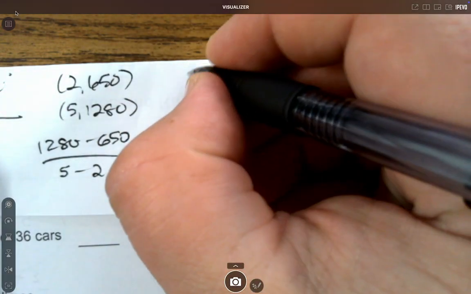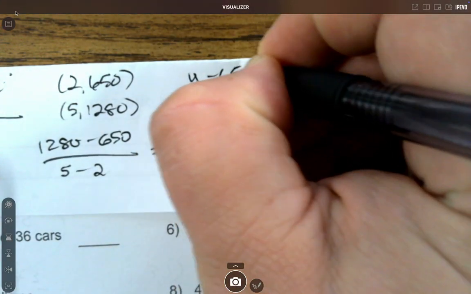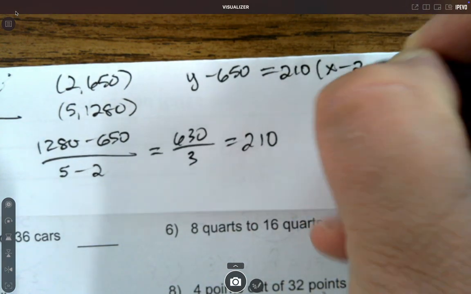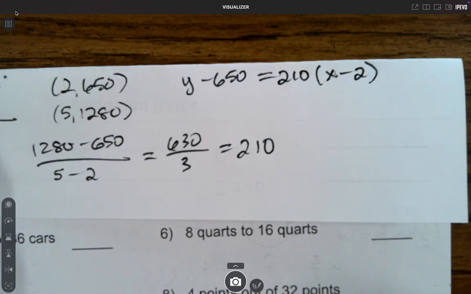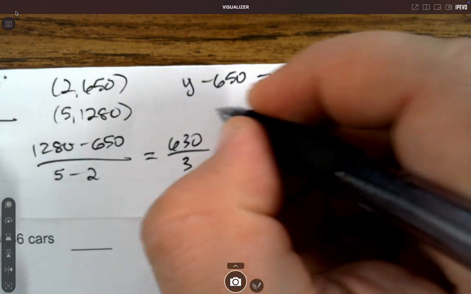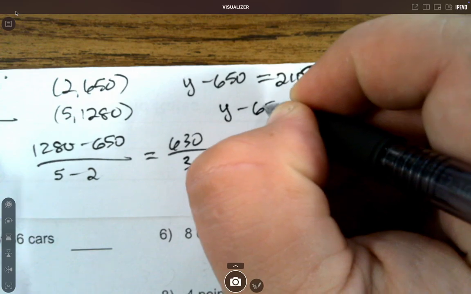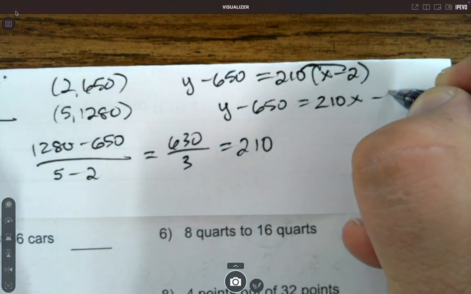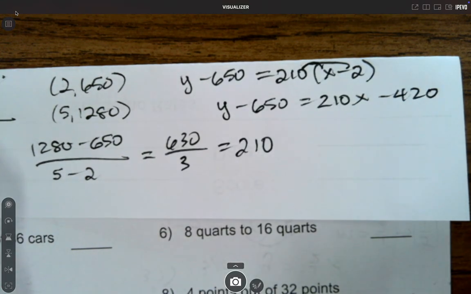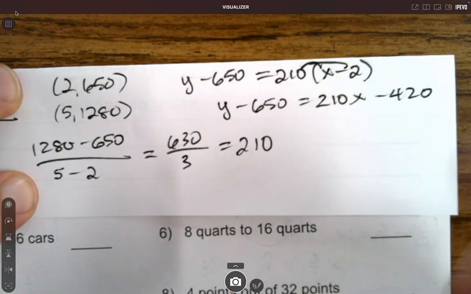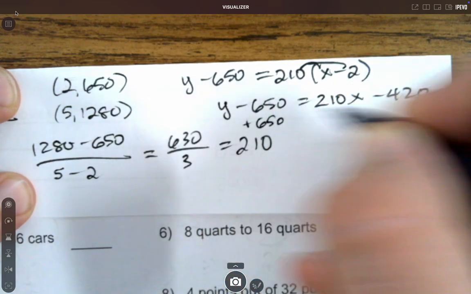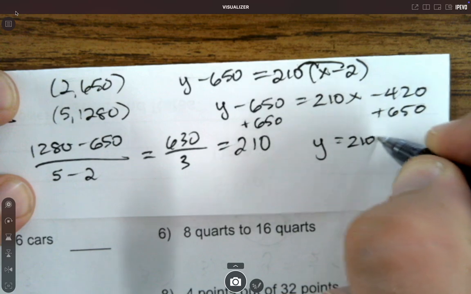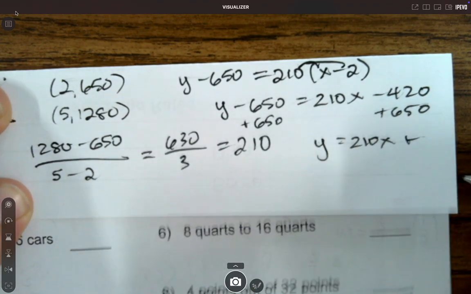I'm going to pick the first point, so I'll do y minus 650 equals 210 times x minus 2. So I distribute the 210, get y minus 650 equals 210x minus 420. And then we'll add 650 to both sides. So we get y equals 210x plus 230.